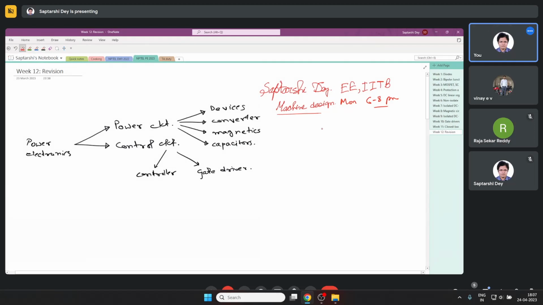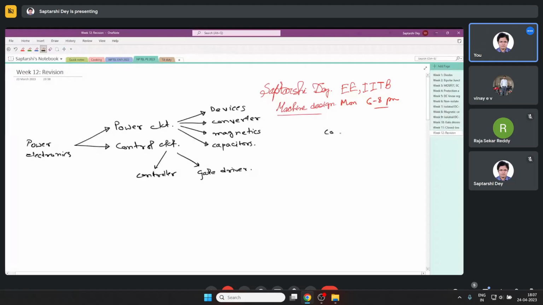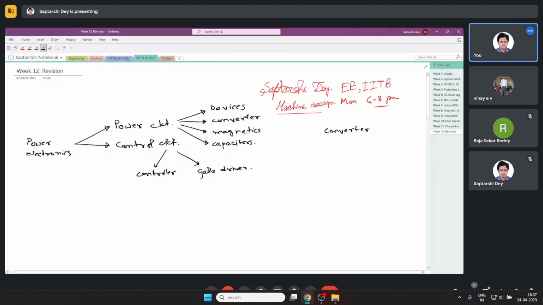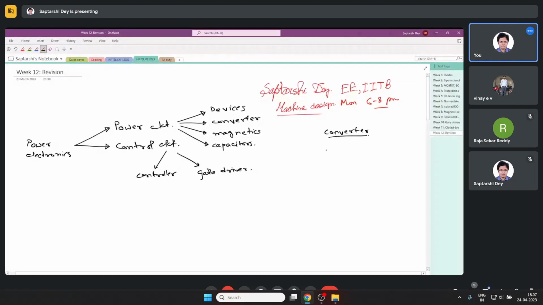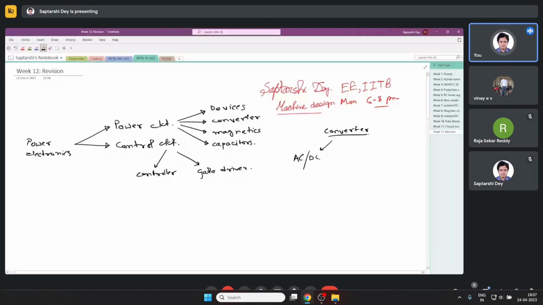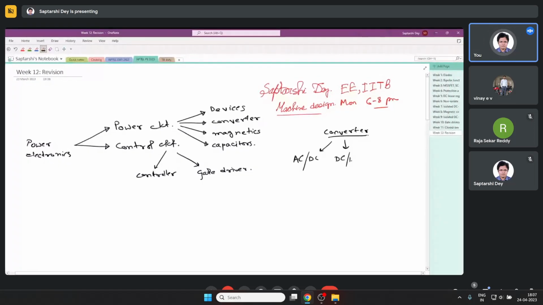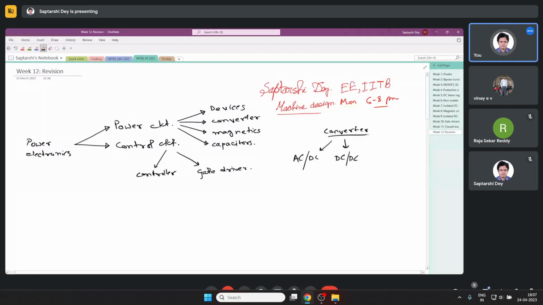Now if we look at the converters that we have studied, AC-DC converters have been discussed very briefly. DC-DC converters have been discussed in good detail, I would say.